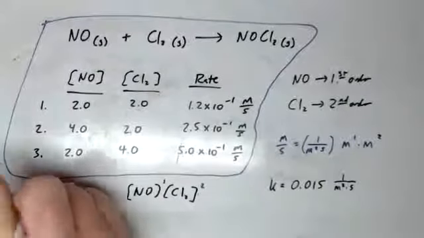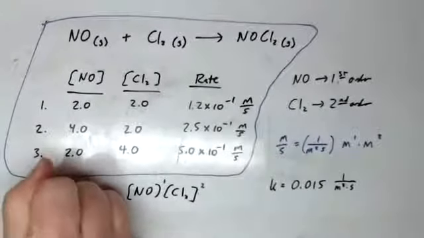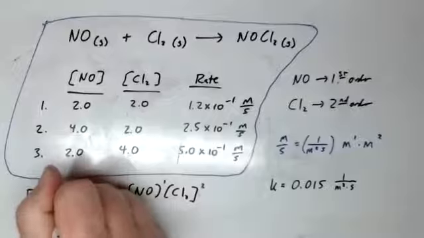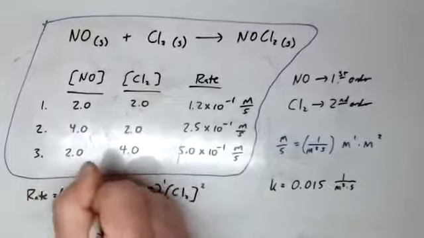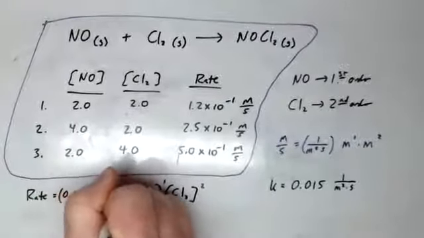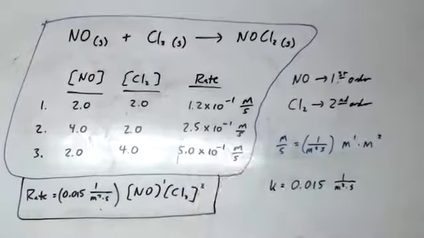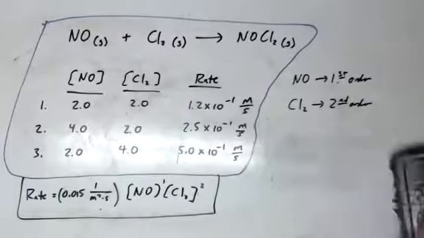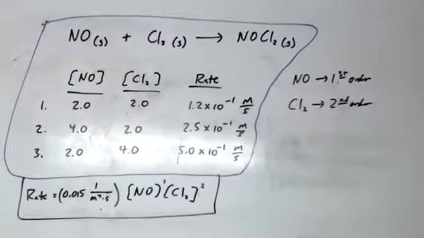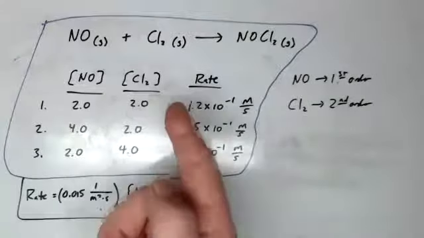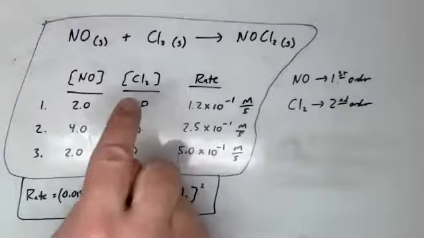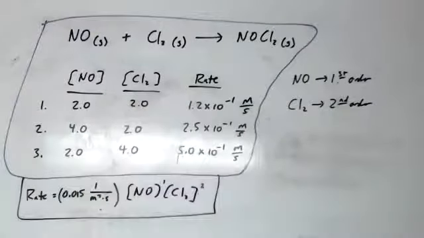So our rate is going to be equal to constant K, which we've just worked out, with its units. And there it is. Now, why did we do all this? Well, believe it or not, the main goal in chemistry is to avoid going into lab. So we initially had to do these 3 experiments in lab to collect this data.